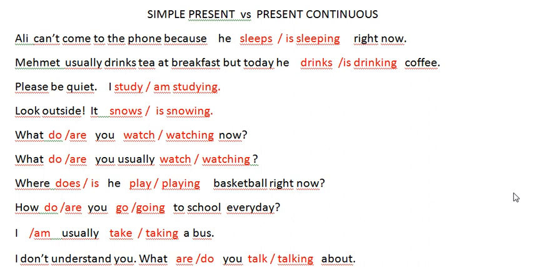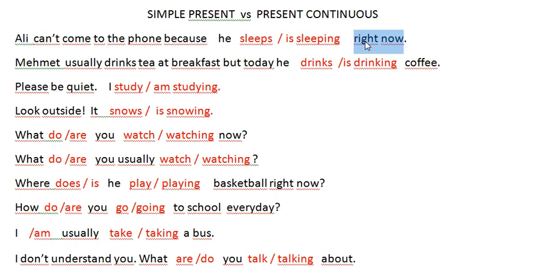And there are some examples here. Then we can understand better in these examples. So the first example is, Ali can't come to the phone because he sleeps or is sleeping right now. So in this sentence, this right now is very important.